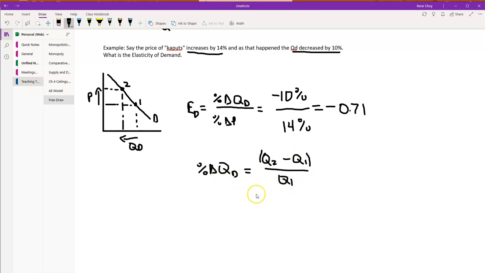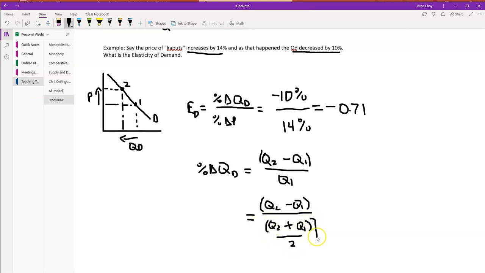The best way to calculate elasticity is to use what we call the midpoint formula, and what the midpoint formula basically does is it uses Q2 minus Q1 for the top, but then for the bottom it uses the average. So it uses Q2 plus Q1 over 2.